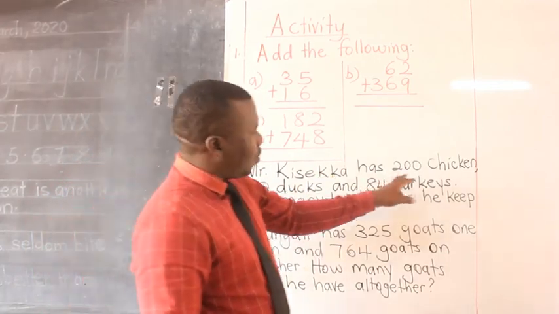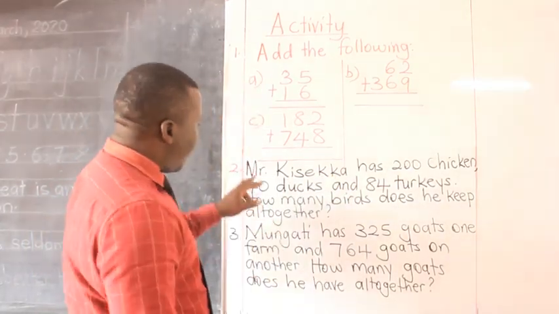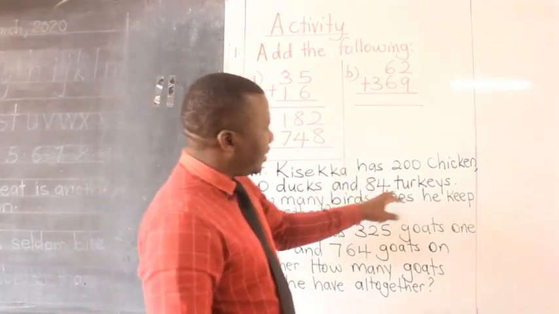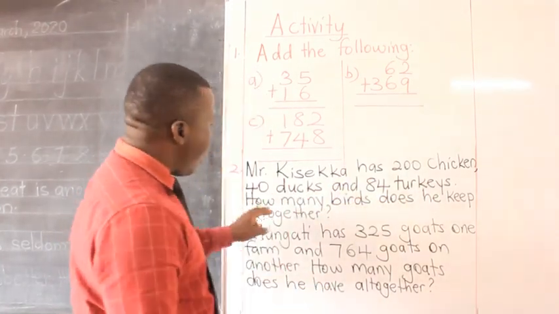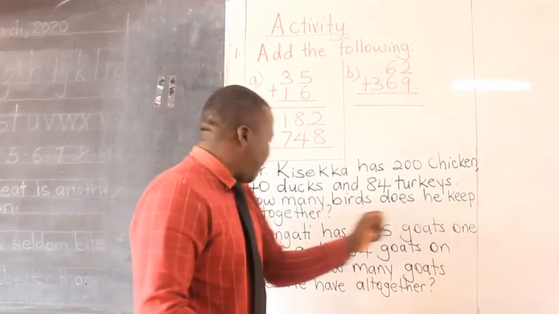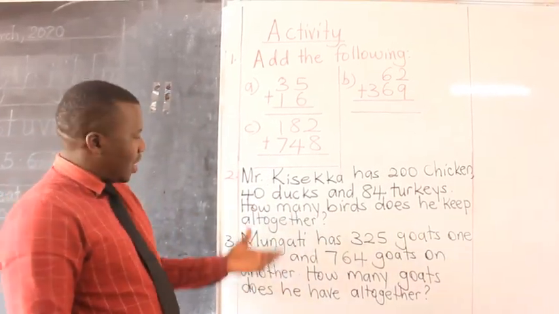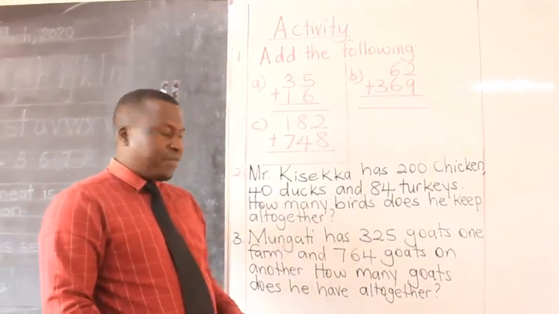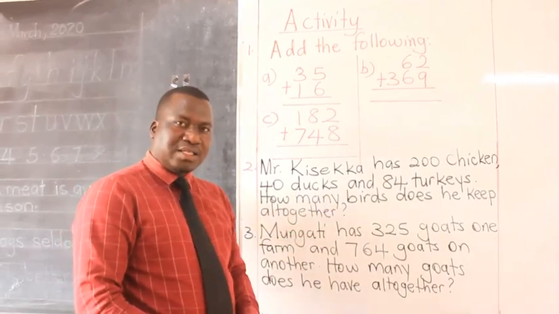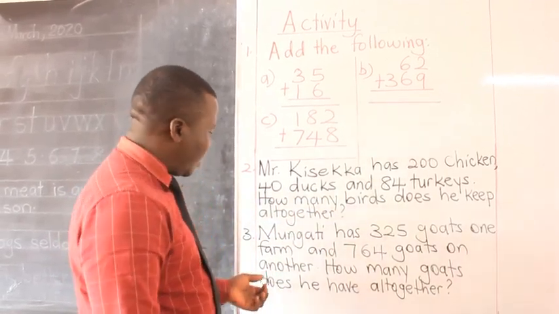And our number 2 says, Mr. Chiseka has 200 chickens, 40 ducks, and 84 turkeys. How many birds does he keep all together? So here, I want you to add and find out how many birds he keeps all together.